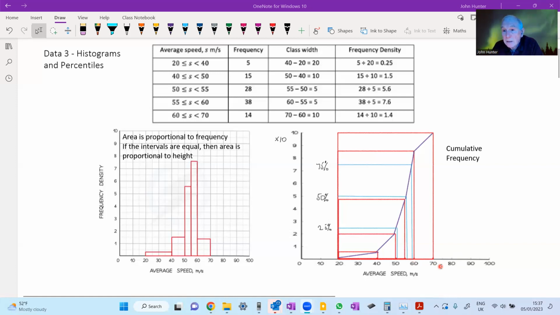So that's the median. This is called the 50th percentile here. So this 56 is the 50th percentile, and the 50th percentile is what we call the median. It's the middle of a whole set of numbers. It may well be that if we were to go back to the original data and order all these speeds, if we go to the middle, it would indeed be 56.